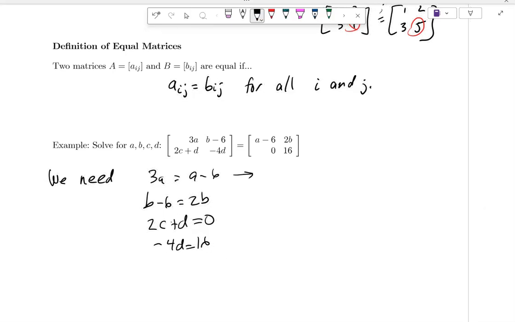All right. In that first one, I could subtract the a over, get 2a equals negative 6. So your a would have to be negative 3. In the second one, I could subtract b over to the other side, and I literally at that point just get b equals negative 6.